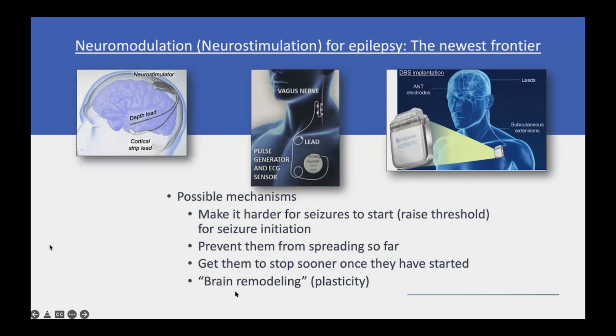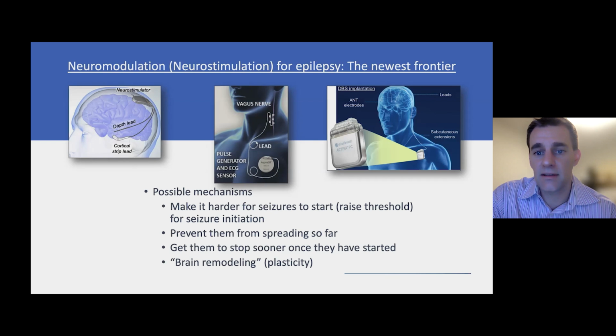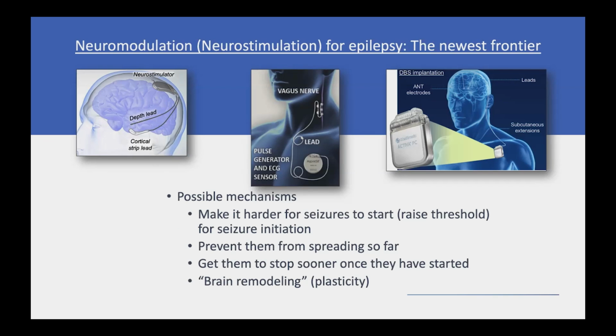And then lastly, brain remodeling. We're realizing more and more in recent years, including with a lot of research projects going on at UCSF and other institutions, that the way these stimulators may be working over time is they might be slowly remodeling the circuits in the brain, particularly the circuits for epilepsy.